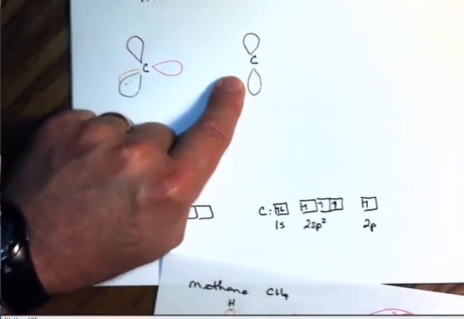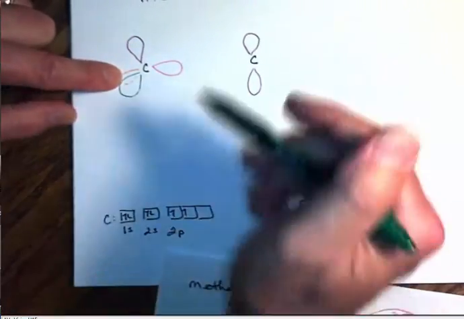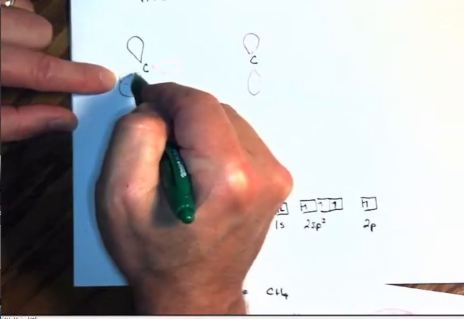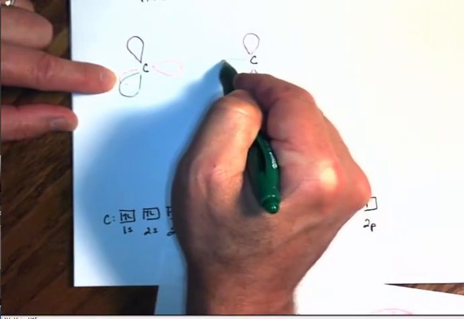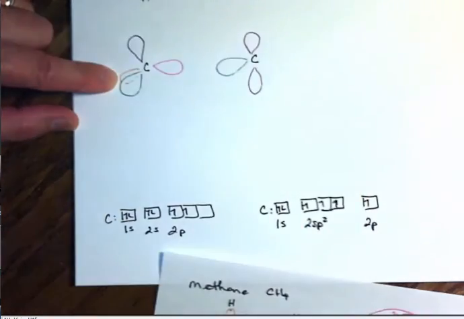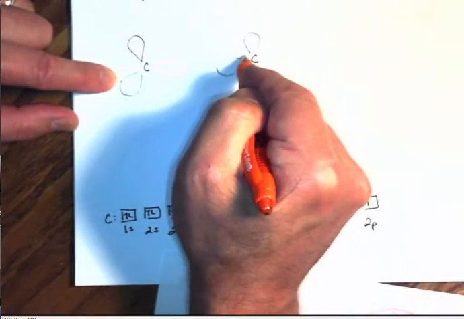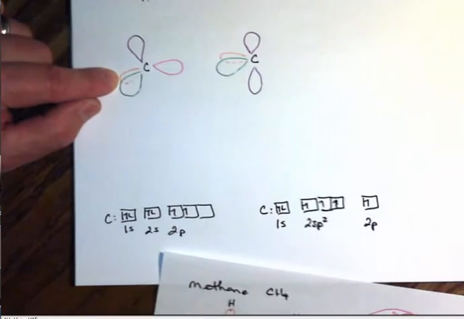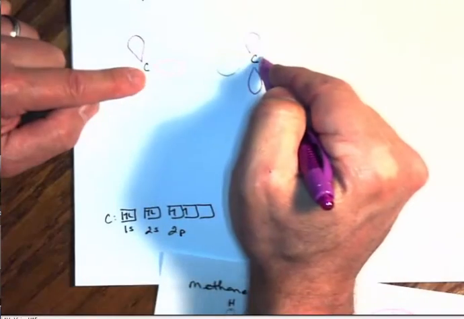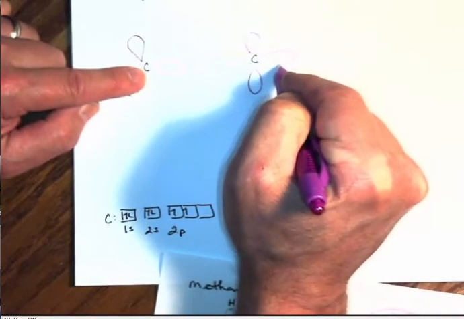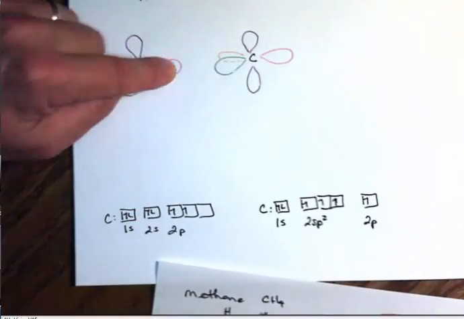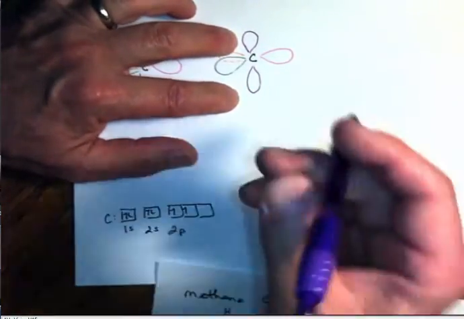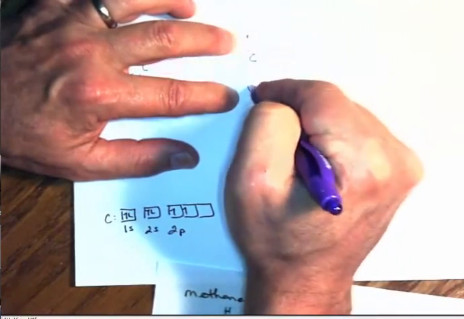Okay? So I've got a hybridized orbital that's going to be coming out toward you here. One that's going back behind. And then this orbital is coming out like this. Okay? So this is a p orbital that's not been hybridized.